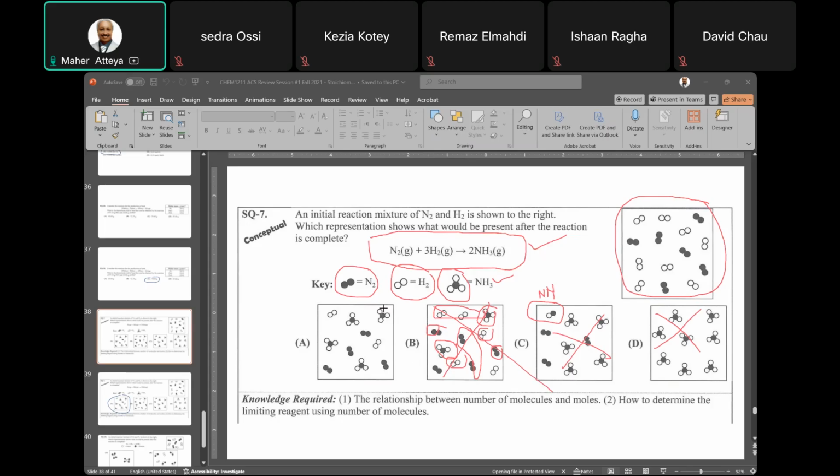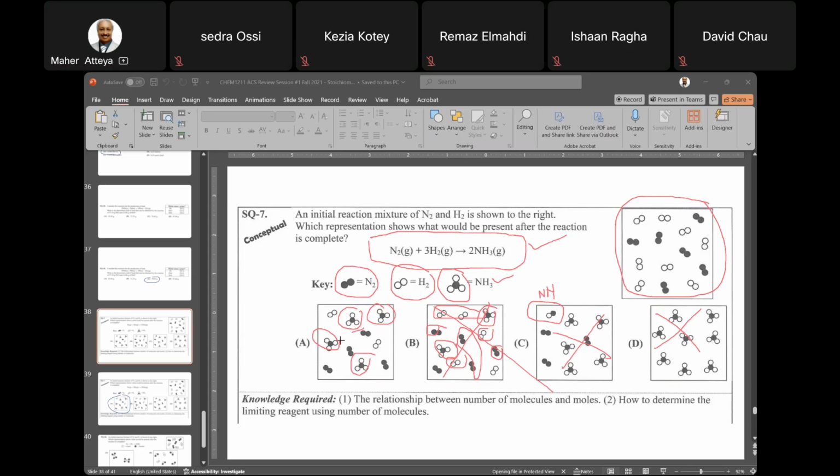So which one? Let's look at this. This is 1, 2, 3, 4 ammonia, correct? And even looking at the ratio, it is not there, correct? Five of nitrogen and three of oxygen. How about here? You have four of ammonia, correct? Circle those four.